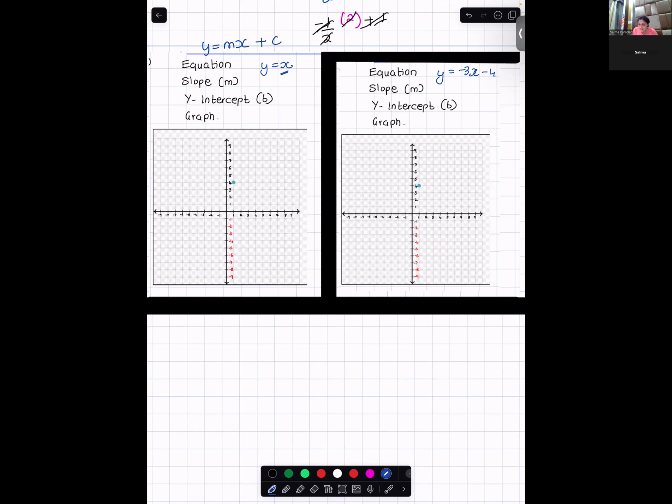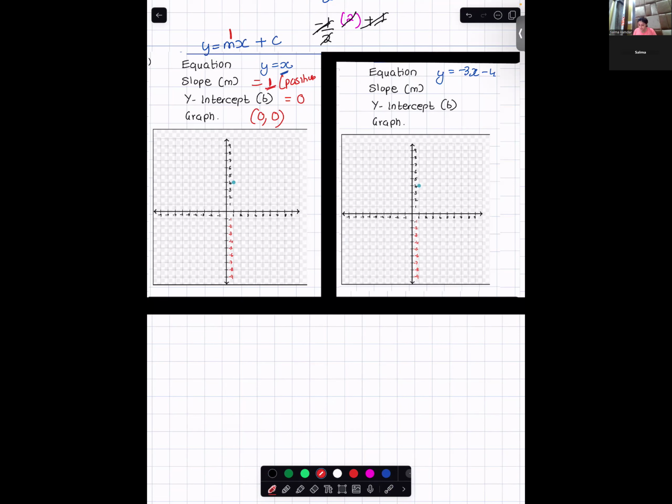But they say y is equal to x, it means m is 1. It is a positive slope. The y-intercept is 0. So since the y-intercept is 0, the line would cross the origin. x is 0, y is 0. So the line would cross the origin with a slope of 1.